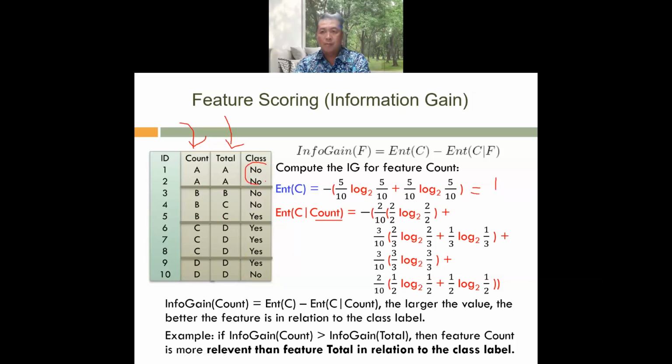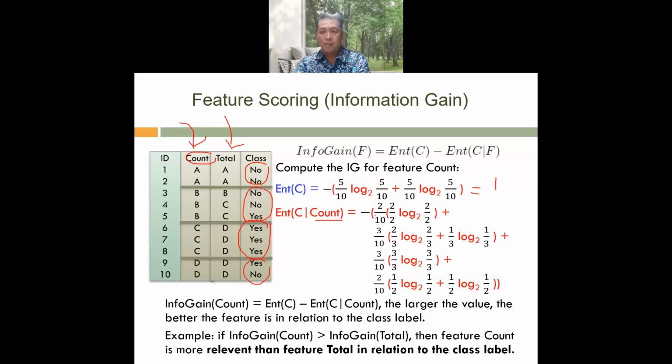So we have this first grouping because they follow the value of the count here. So if A, they belong to one grouping and so on. So you can compute the entropy of the splitting using the count here.